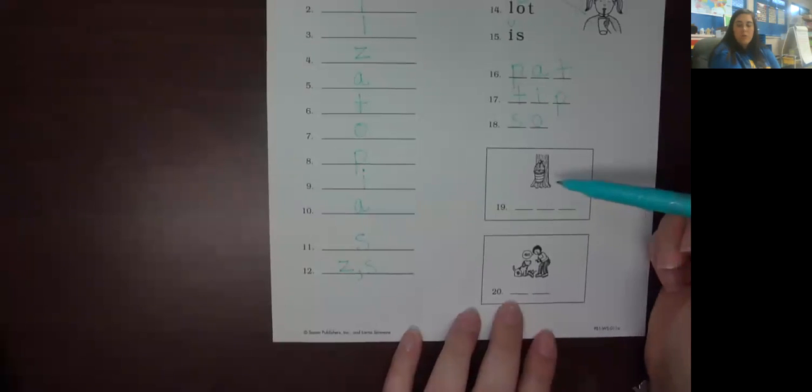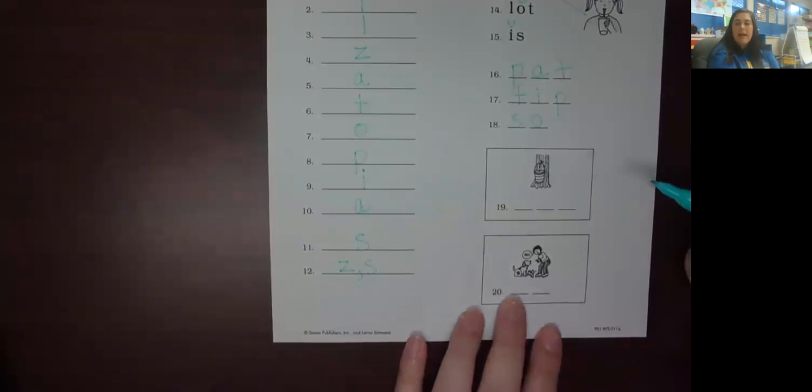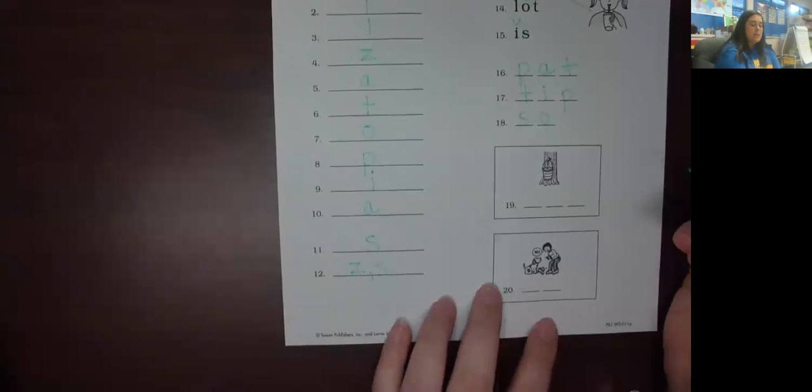Then on number 19, we're looking at the picture. We need to decide, what is that a picture of? Okay. Give you a second to think. And you may not know this one. It's a little bit hard. But there's a bucket hanging on the tree, and it is collecting the sap on the tree. Sap. So now we're going to spell it.